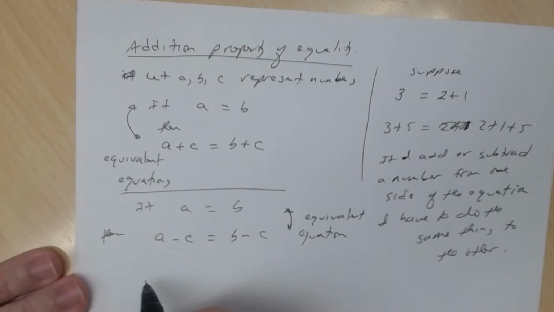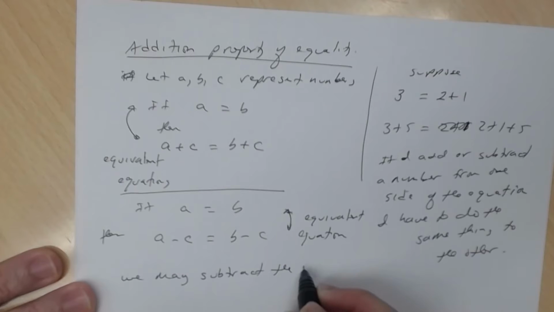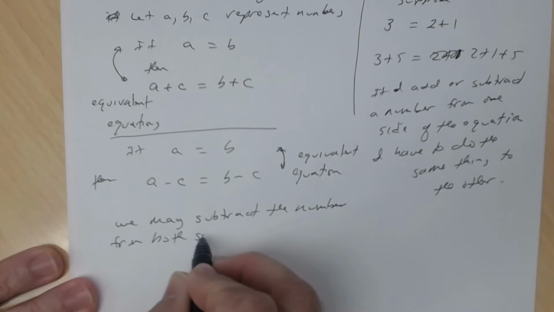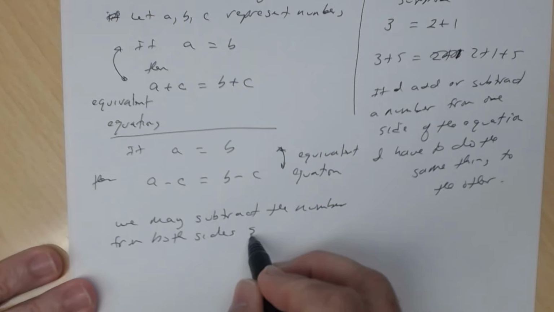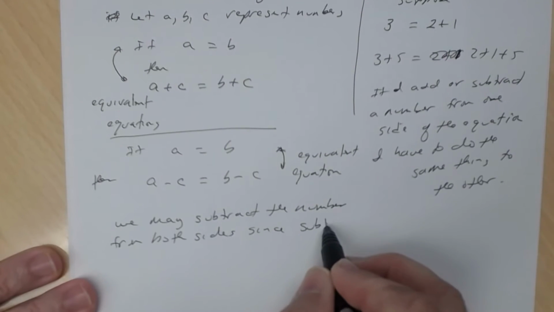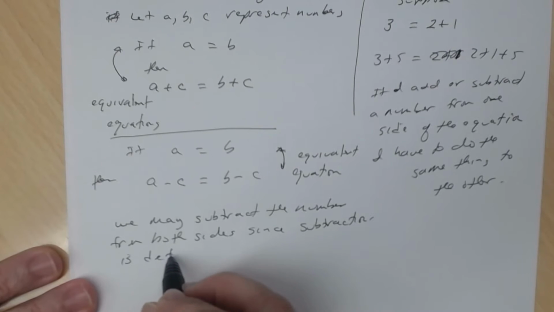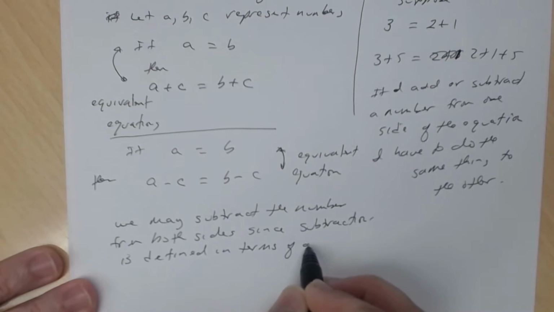All right, so we may subtract the number from both sides, since subtraction is defined in terms of addition.